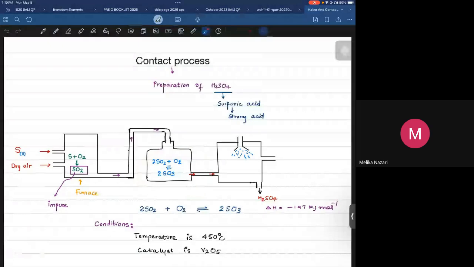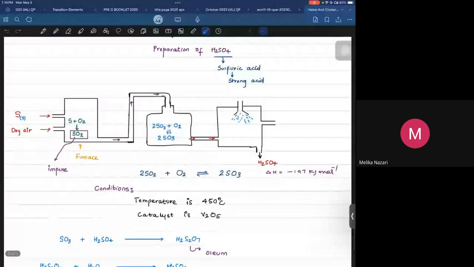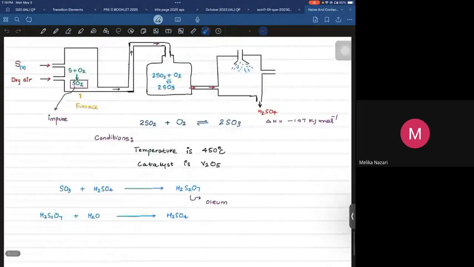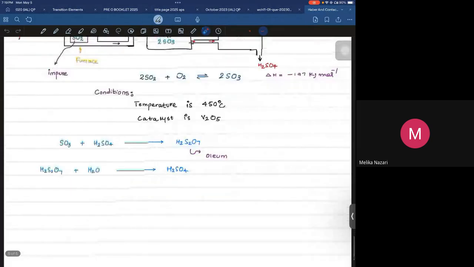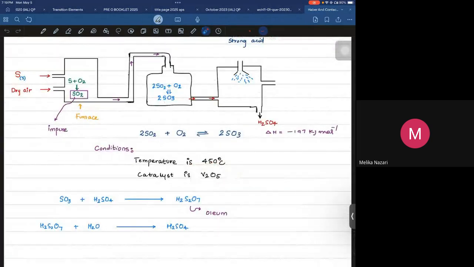And if this is a reversible reaction, of course, I told you that a reversible reaction can never go to completion. We must provide some conditions to get maximum yield. This is the condition: the temperature should be 450 degrees Celsius, and the catalyst should be V2O5.